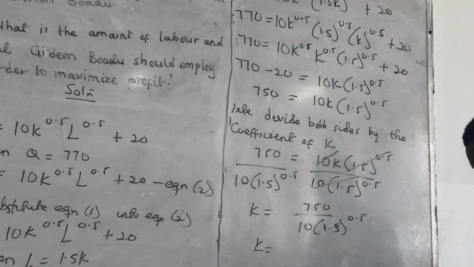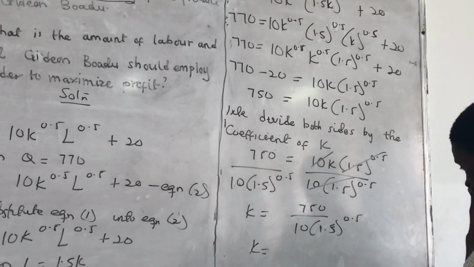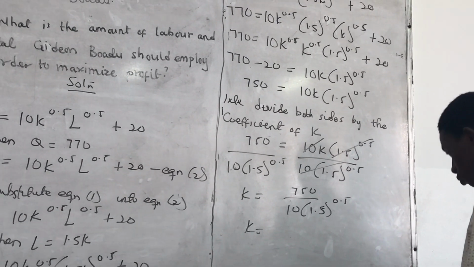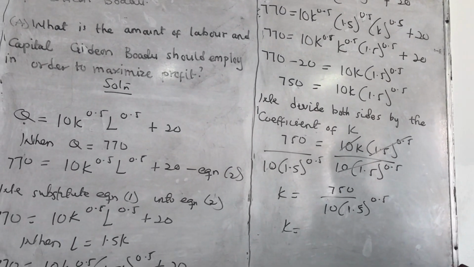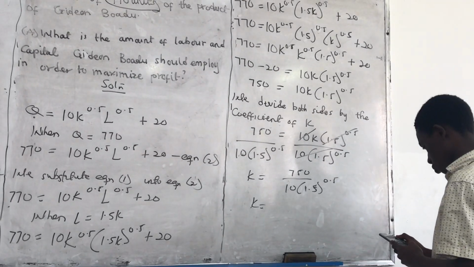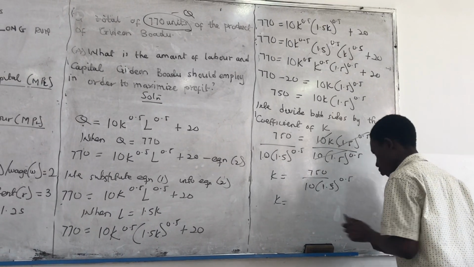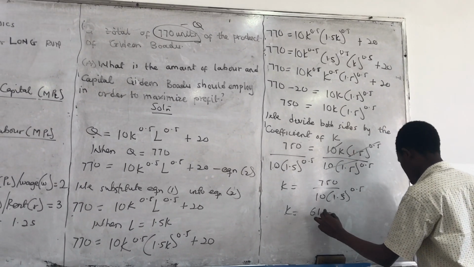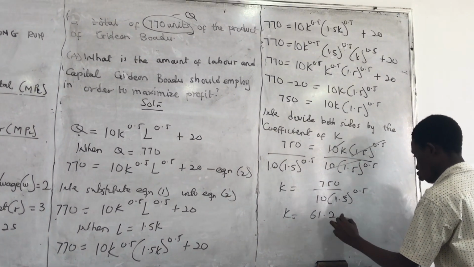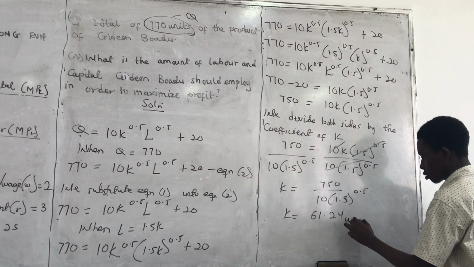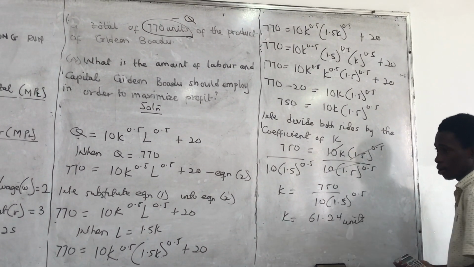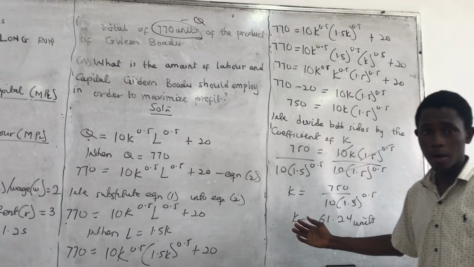Let's see what we get. We have K to be 61.24 units. So that's our capital. Once we have our capital, you can find what's labor.